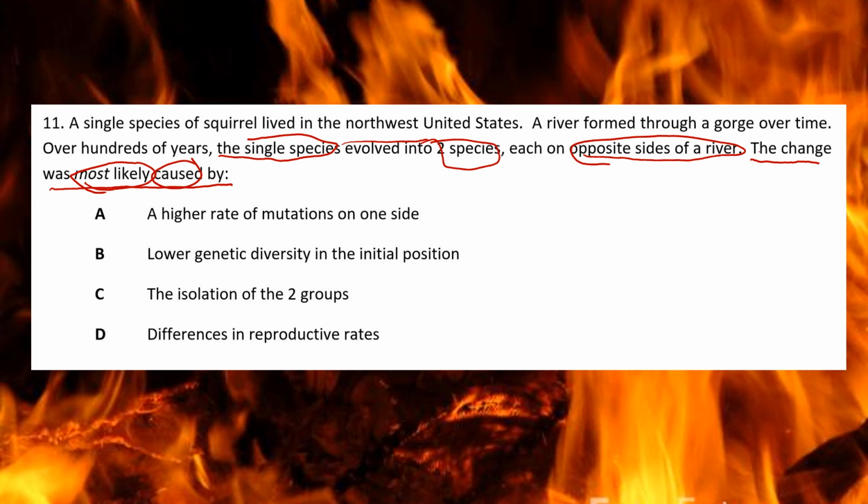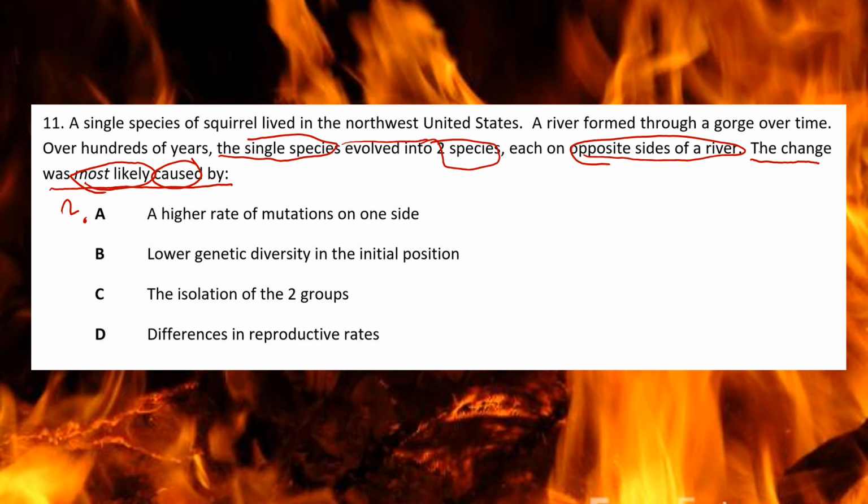A higher rate of mutations on one side. Well, to me, I'm not sure how that would make sure that we had two different species. So I'm going to put a question mark next to that one. Lower genetic diversity in the initial population.